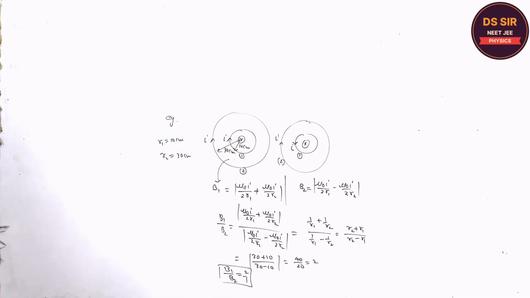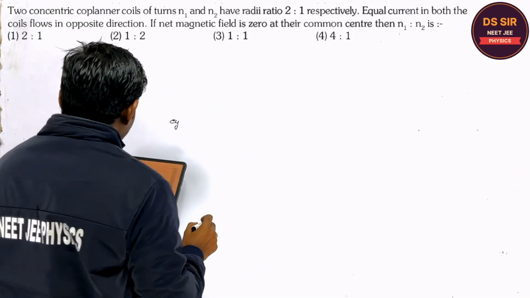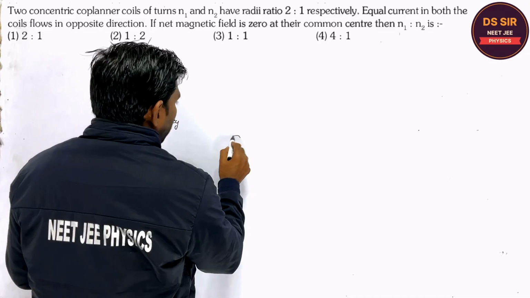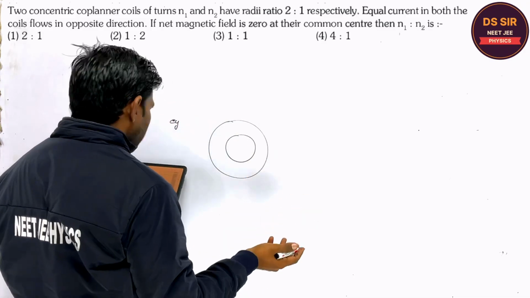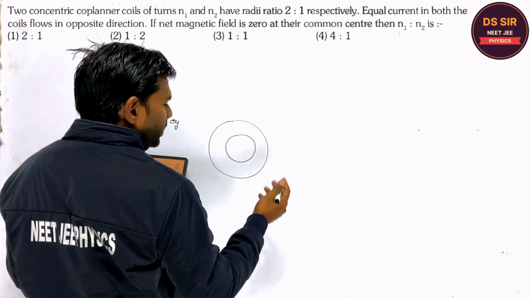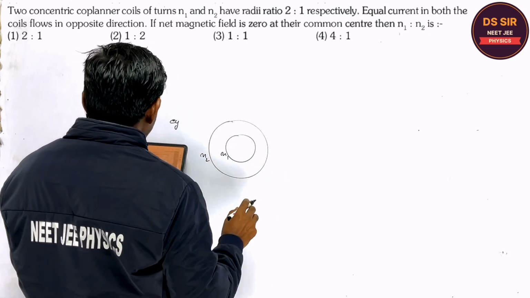Copy this. So read this question. In this question, two concentric coplanar coils. Suppose this is the one coil, right? Coil means the number of turns is more than one. If the number of turns is N1 and N2, with equal current in both.